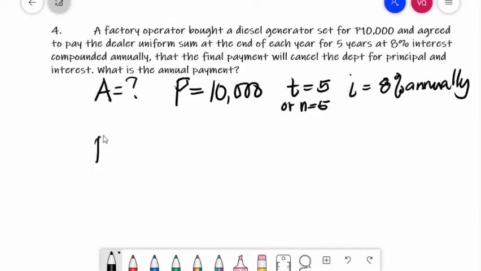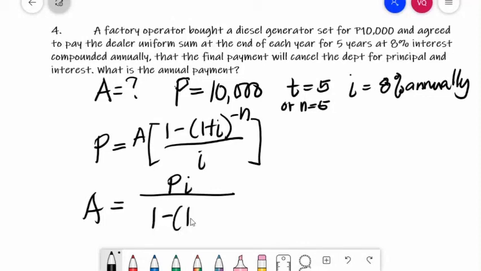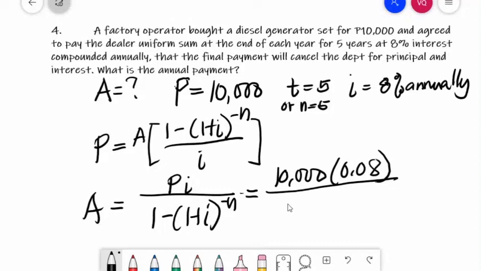So, from our formula, P is equal to A times 1 minus 1 plus I raised to negative N divided by I. Ang kailangan natin ay yung A. So, A is equal to P times I divided by 1 minus 1 plus I raised to negative N. 10,000 times I, which is 0.08, divided by 1 minus 1 plus 0.08 raised to negative 5.